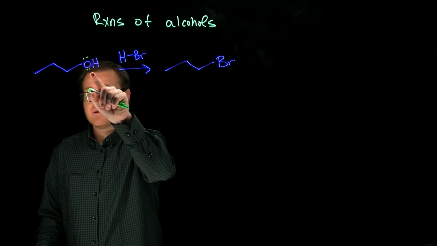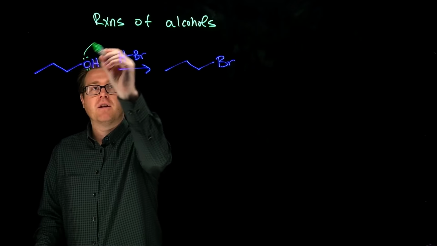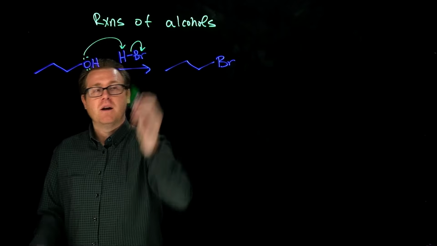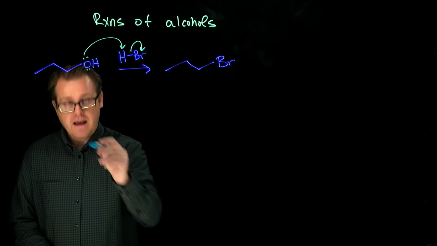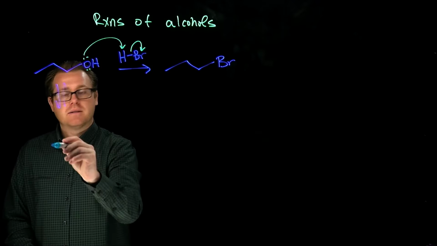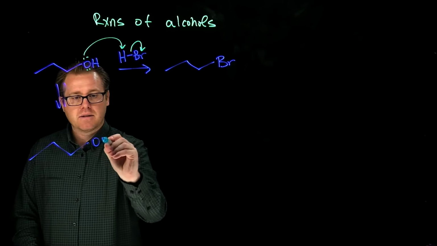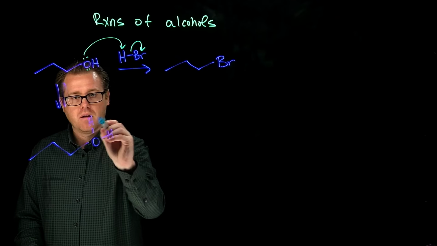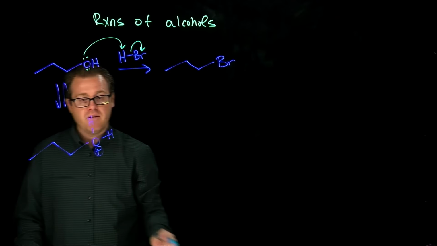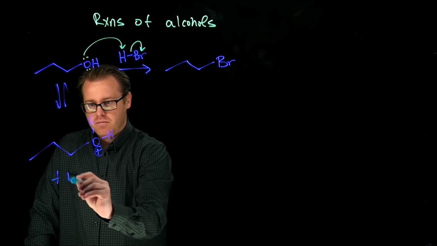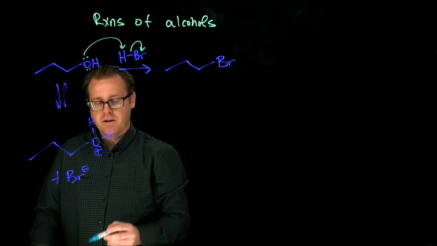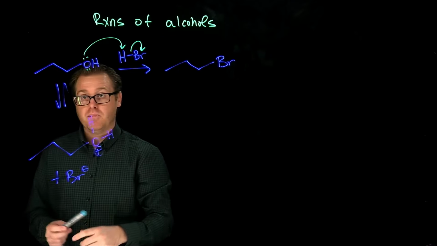And hydroxyls are not good leaving groups, so we need to convert it into a good leaving group by the protonation step. And so we would take that, and that looks like this. So now we have a protonated water there, plus our bromide floating around. Now that's a good leaving group.